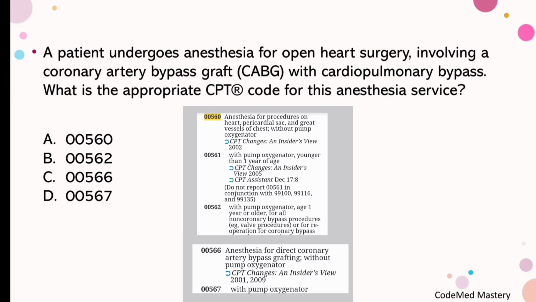Therefore, we'll eliminate option A, and option B 00562 is also for anesthesia for procedures on heart, pericardial sac and great vessels of chest with pump oxygenator. That is also wrong. And option C 00566 is for anesthesia for direct coronary artery bypass grafting without pump oxygenator. That is exactly matching with the question. In the question they have given involving a coronary artery bypass graft. Therefore, the right answer is option C.